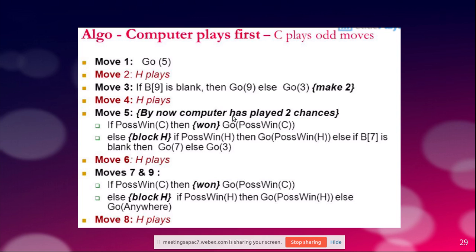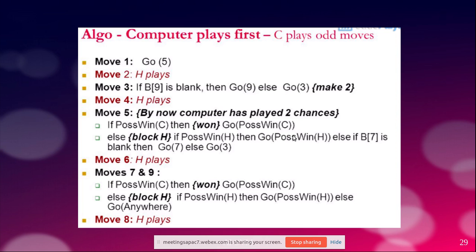If neither computer can win nor human can win, that means neither 18 nor 50 is the product. Then select the seventh one if it is blank, or the third one if it is blank. The third one has to be blank because only 2 moves have been done: 5 is selected, and 9 is selected, or 3 is selected.